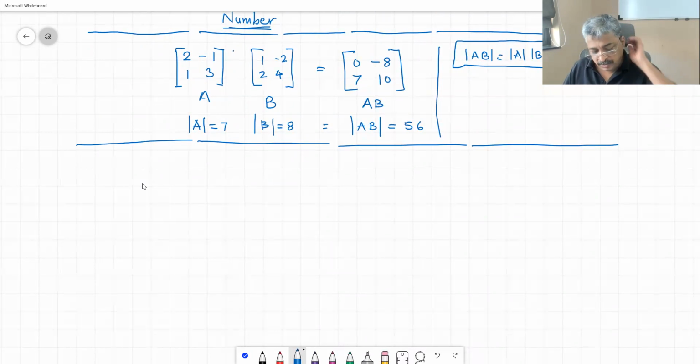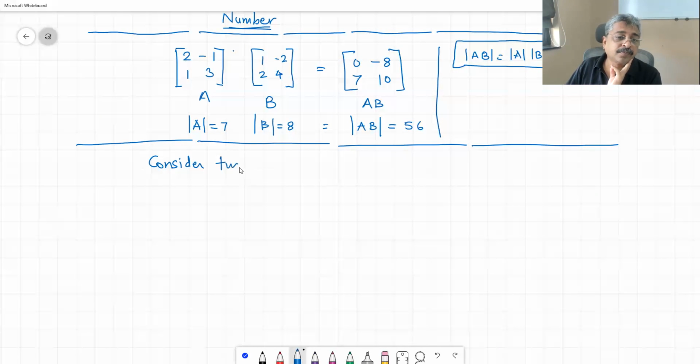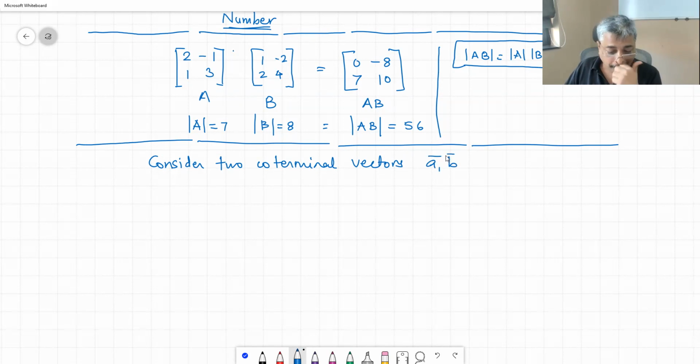So consider two coterminal vectors A comma B, and let us denote A of A comma B. That means the area of whatever parallelogram.